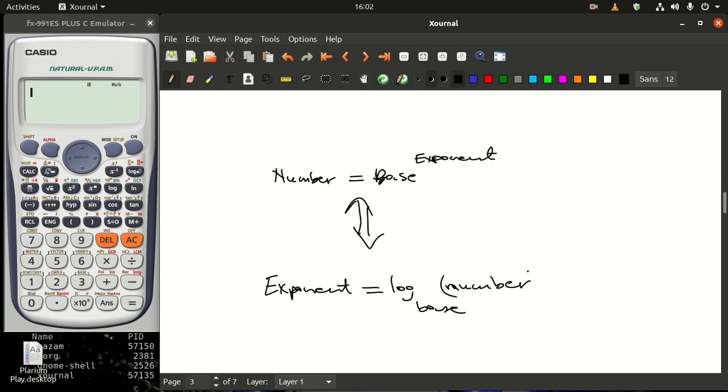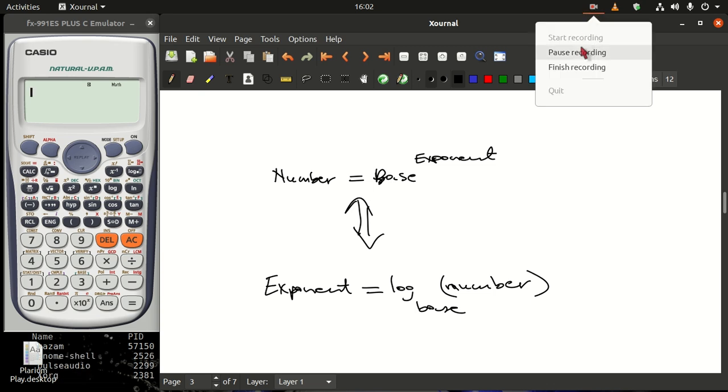So you have this nice thing, right? This one and that one, they are actually equivalent.